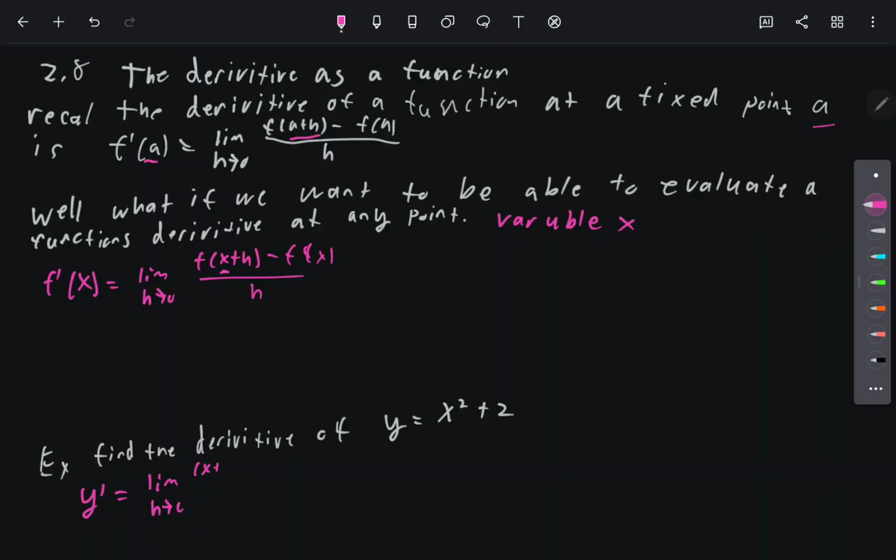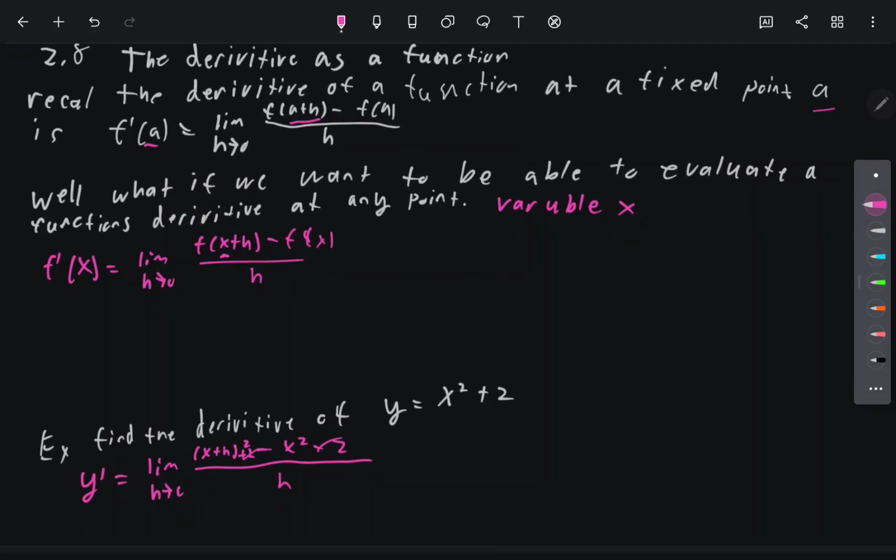So we get x plus h, square it, minus the function that is x squared plus 2, so minus x squared plus 2, all over h. Now this 2 and this 2 cancel, which makes this a bit easier early on.